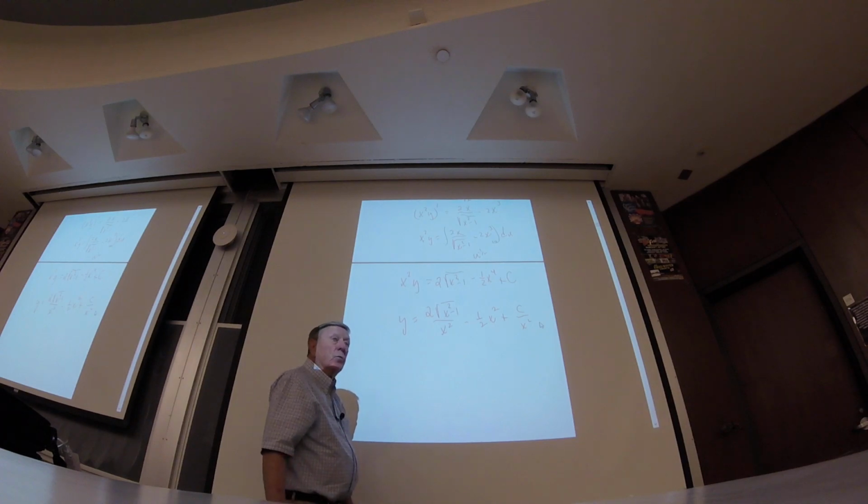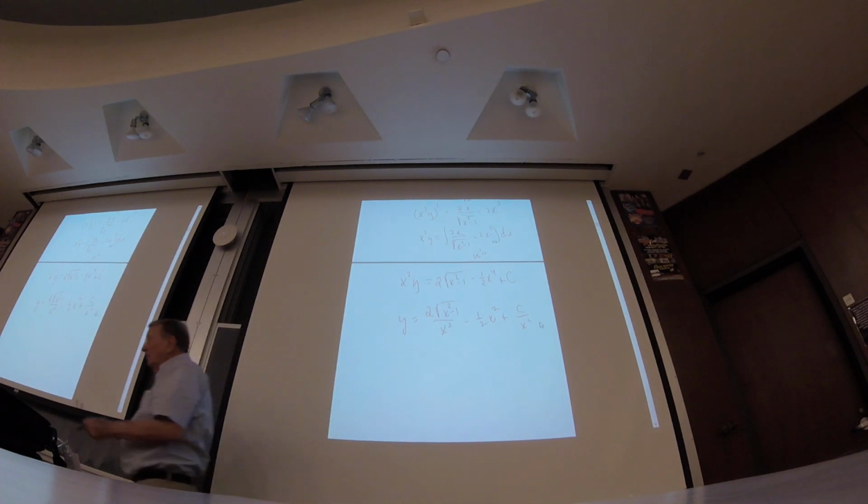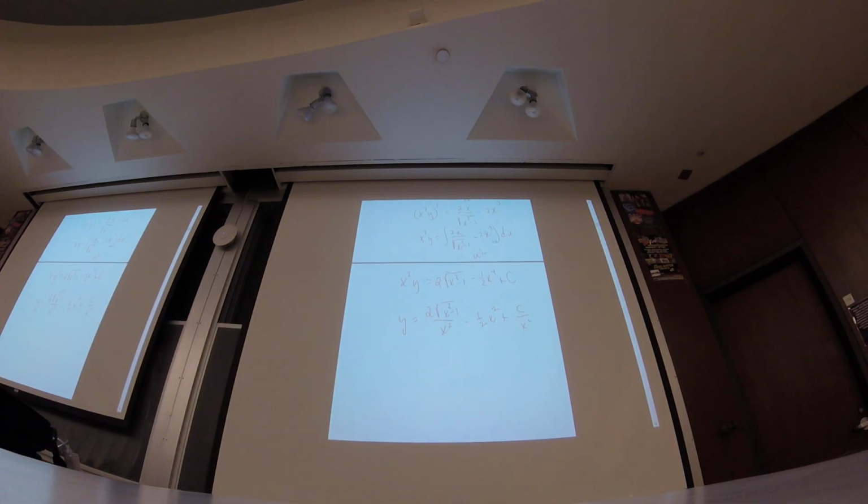X squared, yeah, x squared minus 1. This is x squared minus 1. I put u here equal to x squared minus 1. So this has the form u to the minus 1/2. The integral of u to the minus 1/2 is u to the plus 1/2 divided by half, which is times 2.